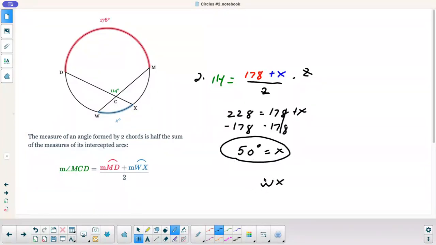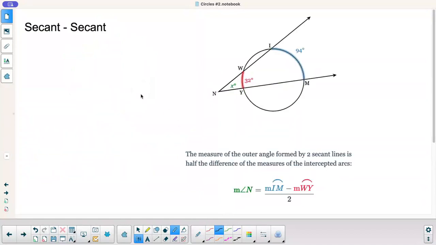Arc WX equals 50 degrees. So if you have two chords intersecting, you can find the angle of the intercepted arcs, or you can find the arcs.